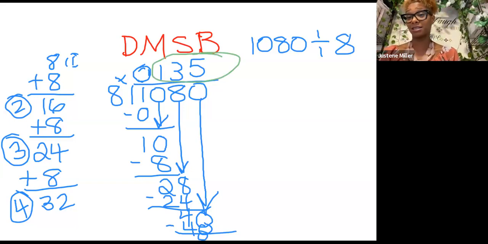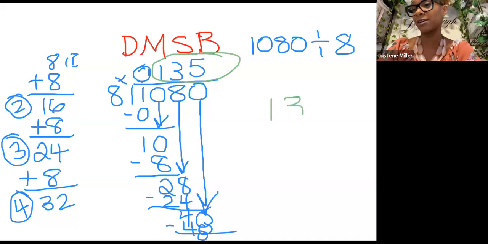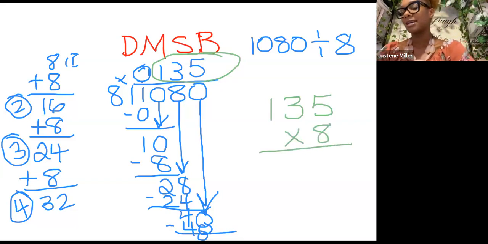If you've been great at this and you're really like, well, how can I check my answer? I'll do it on this problem. To check your answer, we do the inverse of division, which is multiplication. So I take my answer, 135, and I multiply it times 8. 8 times 5 is 40.